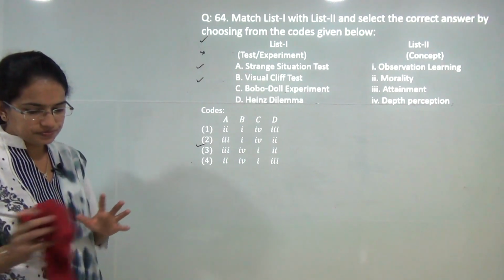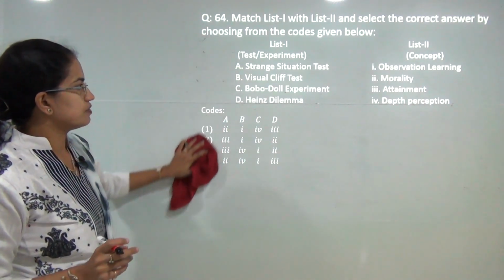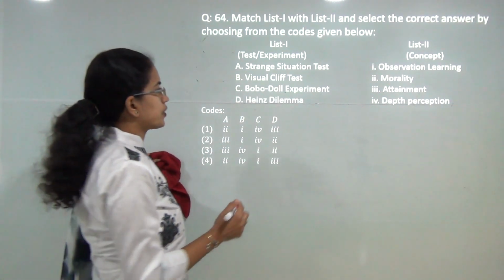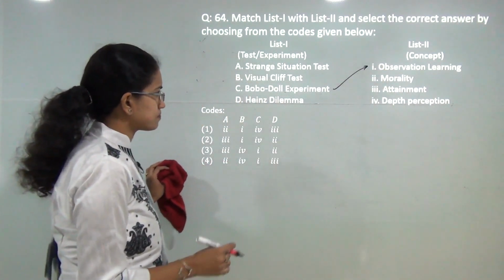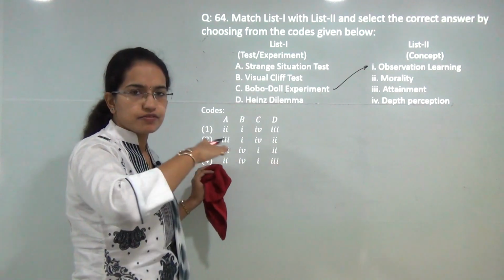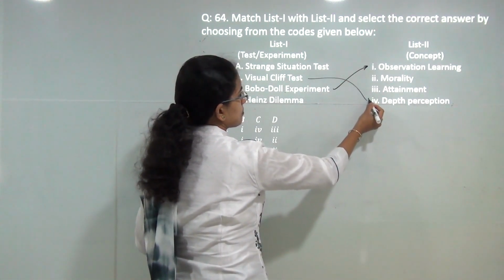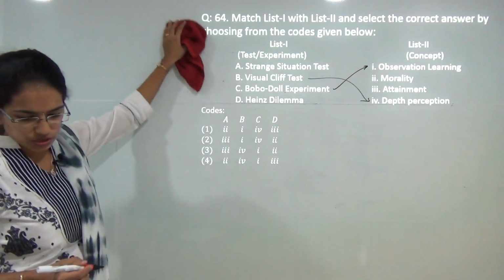Next question. You have to match the concept with the given values. So you have the Bobo doll experiment that was given by Bandura, which talked about observational learning. The visual cliff experiment, where an infant was used, was an experiment on depth perception. Then you have the strange situation test.